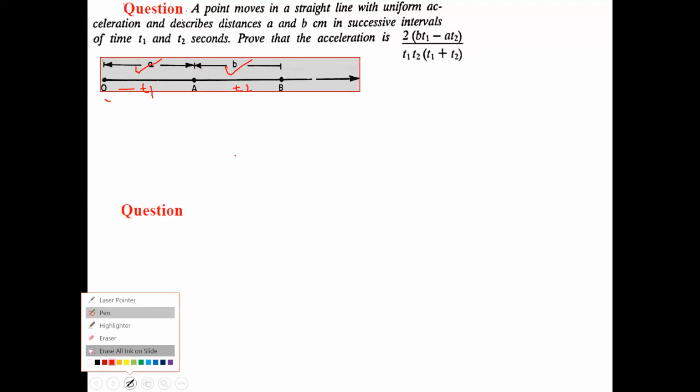And what does he say? These distances are covered in the intervals of time t1 and time t2. That means from O to A the time is t1, and from A to B the time is t2. We have to find the acceleration. Because we are given the distances and the times, we will use the formula s is equal to ut plus half ft square, because in this formula we have distance and time.